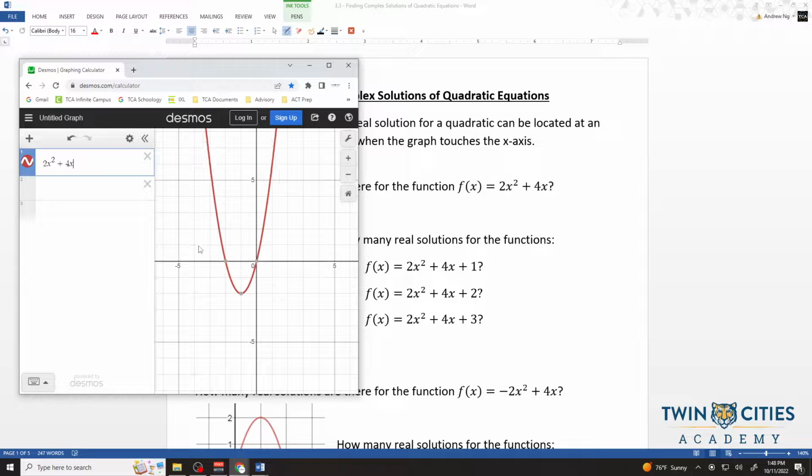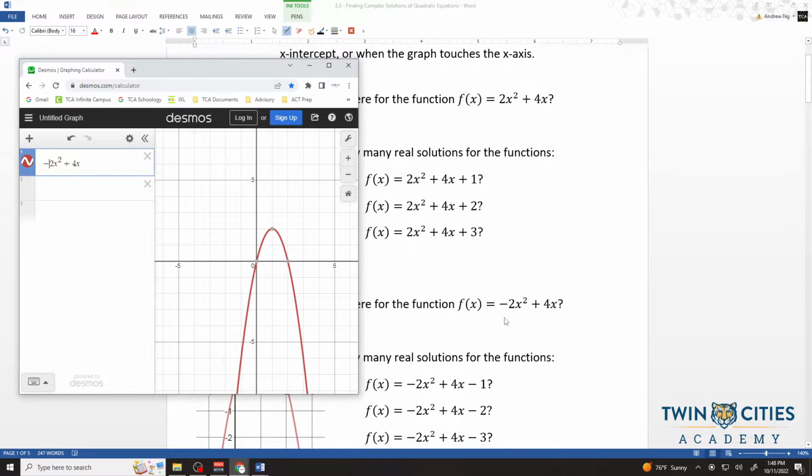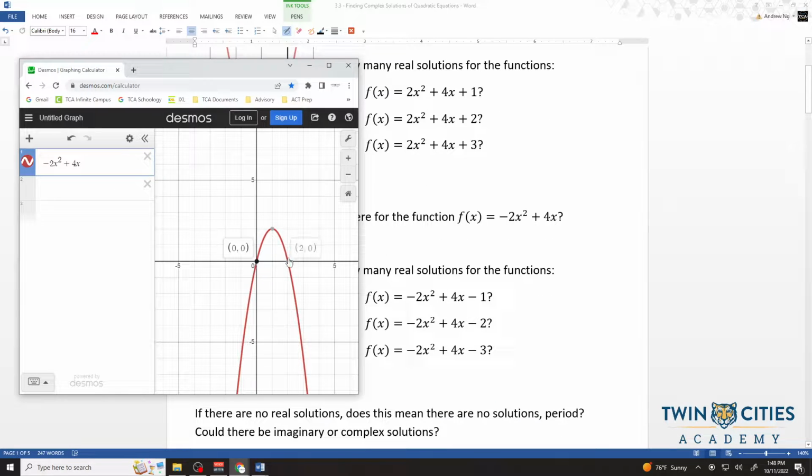What about for negative 2x squared plus 4x? In this case, there are still two solutions, one at x equals 0, one at x equals 2. If I were to subtract 1 from this, we can see something similar where I still have two solutions. They're not very nice, but again, still solutions.